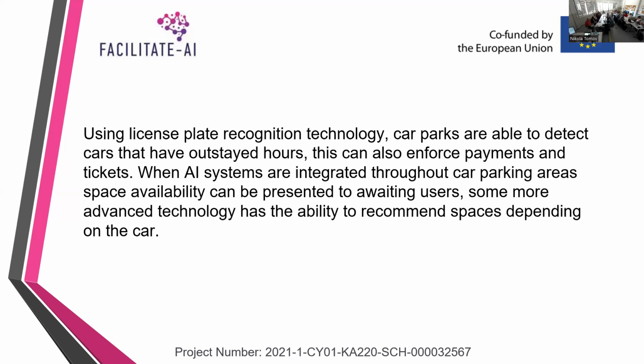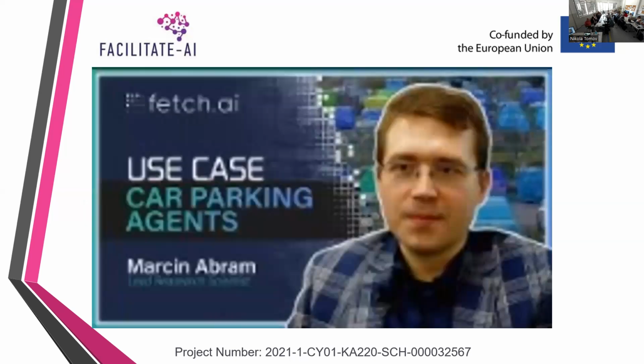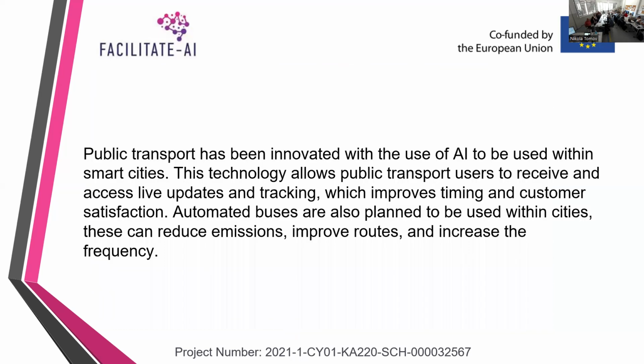So this is a really good example of an AI which actually maybe sacked a person from their job, but it is essentially very, very useful. So this is the video of the same thing.